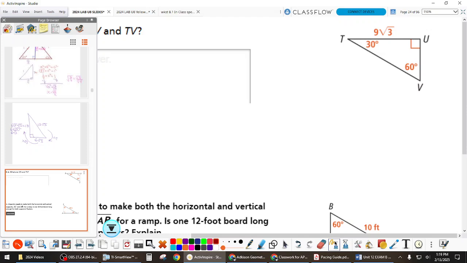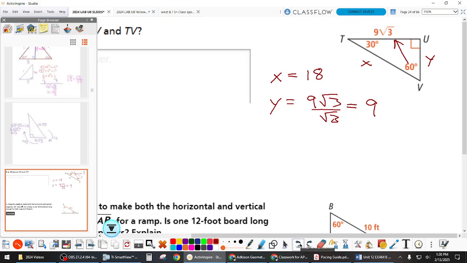Yeah, there's only one side length given, and so if we left x and y in there, it would be x squared equals 9 root 3 squared plus y squared, and that's, like he said, too many variables, right? And since it's not an equilateral, I can't just copy that over here. So with 30, 60, 90 triangles especially, sometimes you have to use this relationship and not Pythagorean theorem. Okay.